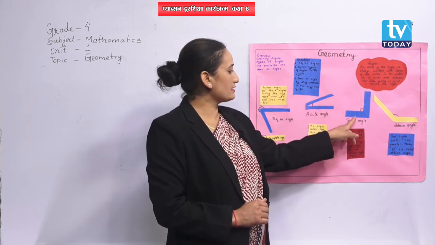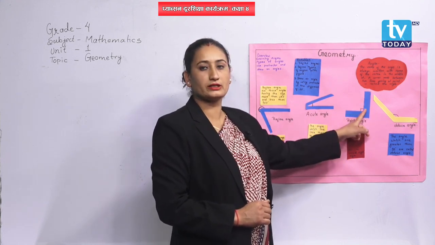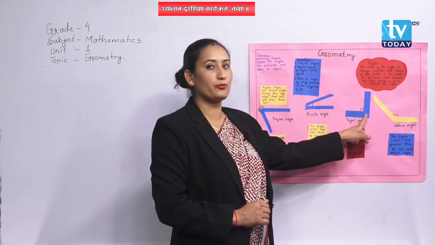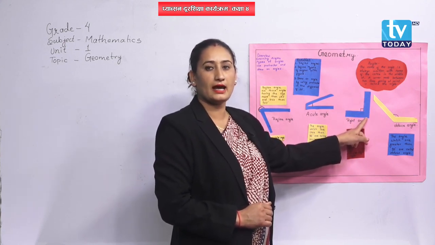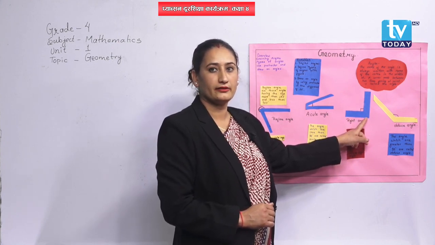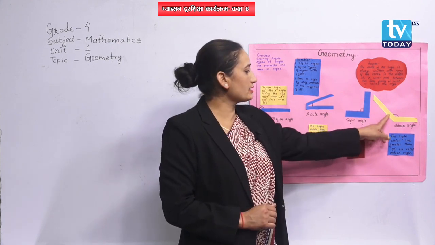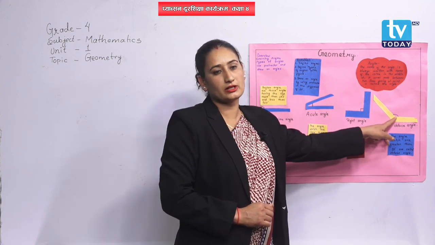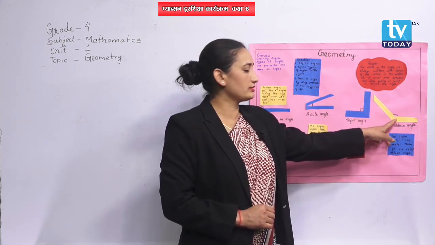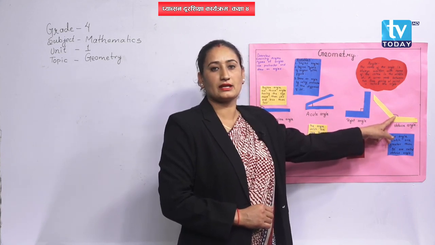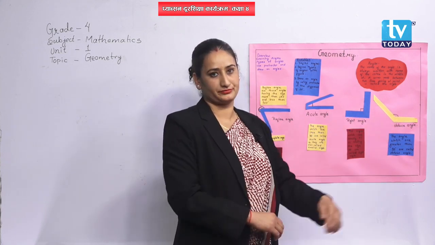Now next, these two straight lines are also meeting in a single point, and this point is known as an angle. Done? Very good. Here also, two straight lines are there and they are meeting in a single point. This is known as an angle.